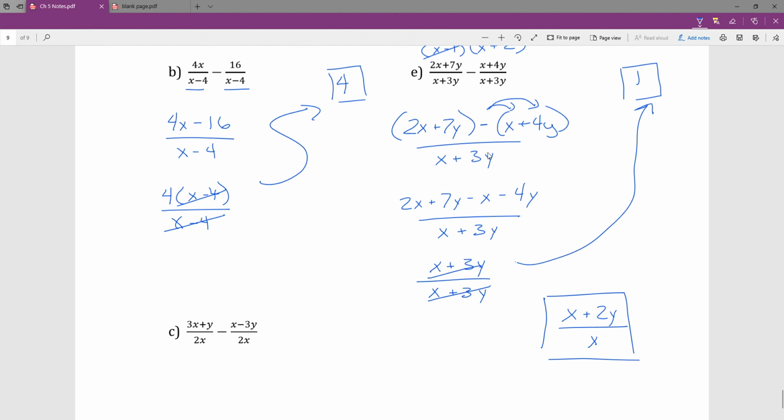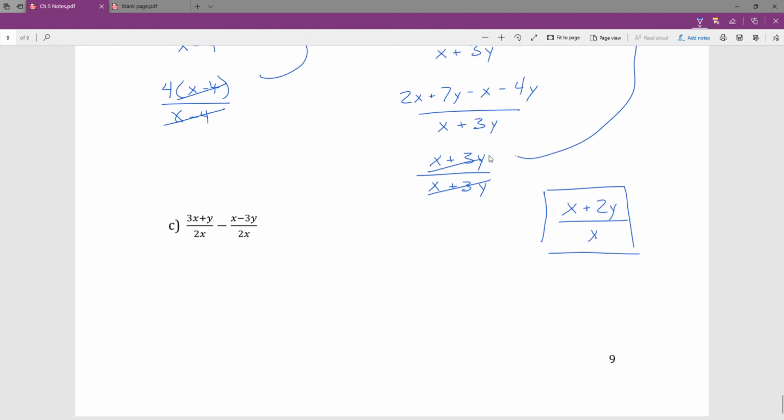The last one on the page here, last one in chapter 5. I've got the common denominator of 2x. I'd have the 3x plus y subtracting the x minus 3y. So again, this distribution of that negative sign.